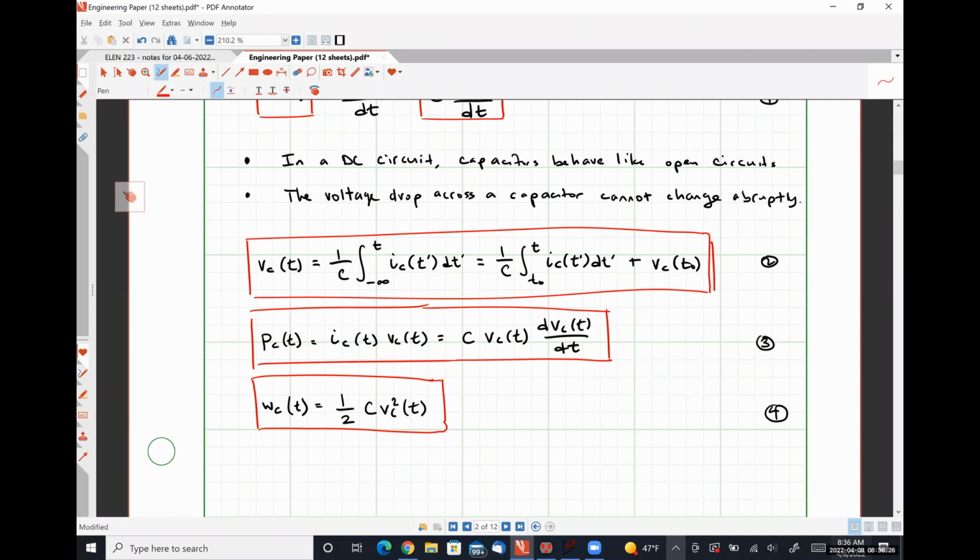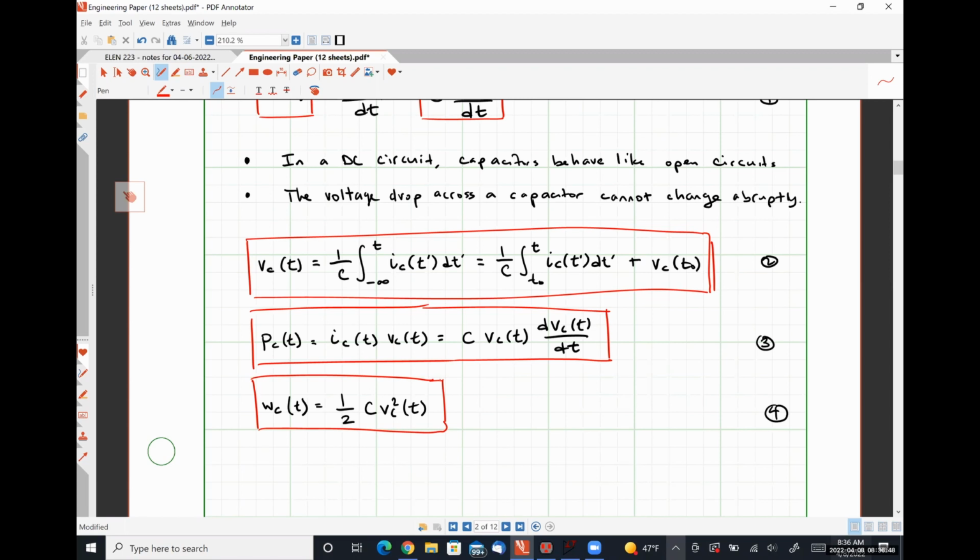The reason for that is the tolerance value on a mass manufactured capacitor is usually better than the tolerance value on a mass manufactured inductor. So they behave more like you would expect them to behave, which means they get used more often. That's pretty much the only reason.